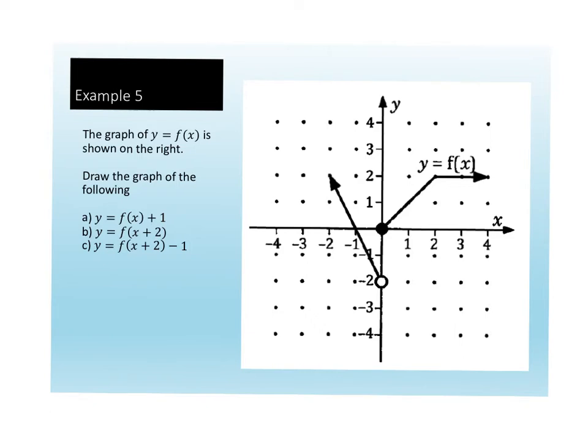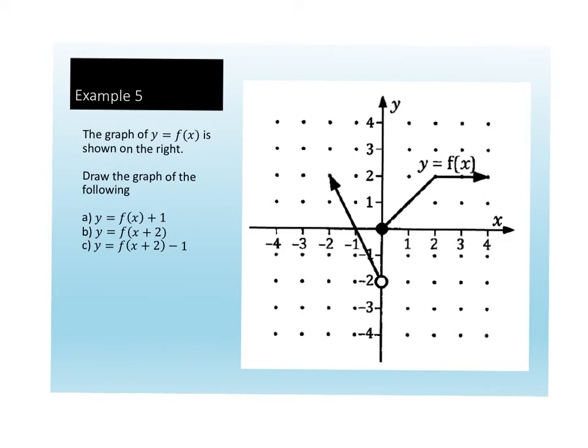From 0 onwards to 2 is y equals x, and then from x equals 2 onwards, or x greater than 2, is y equals 2. All right? So here, that does not include 0. That includes 0.